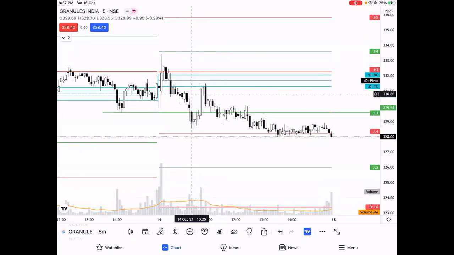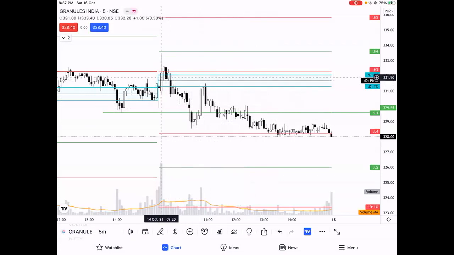But you know that this particular CPR will now act as a resistance because it has been broken, correct? If you follow the basics of CPR, even in price action, whenever support is taken out, that becomes resistance, right? The same way is with CPR. If the CPR is taken out, then it will act as a resistance.